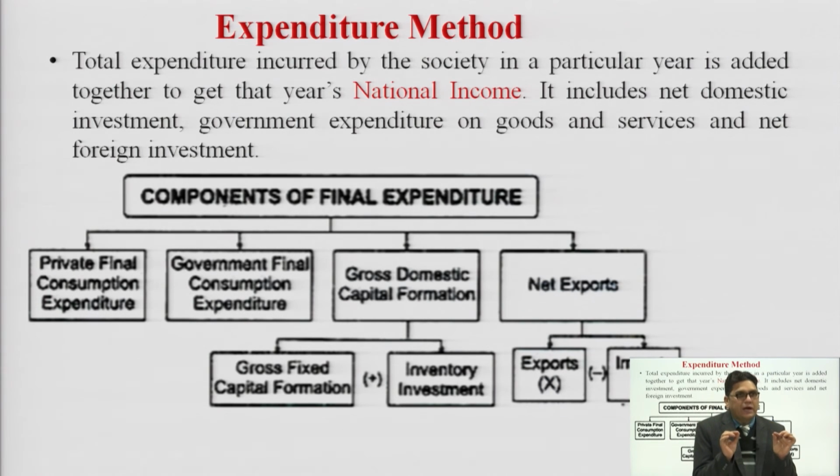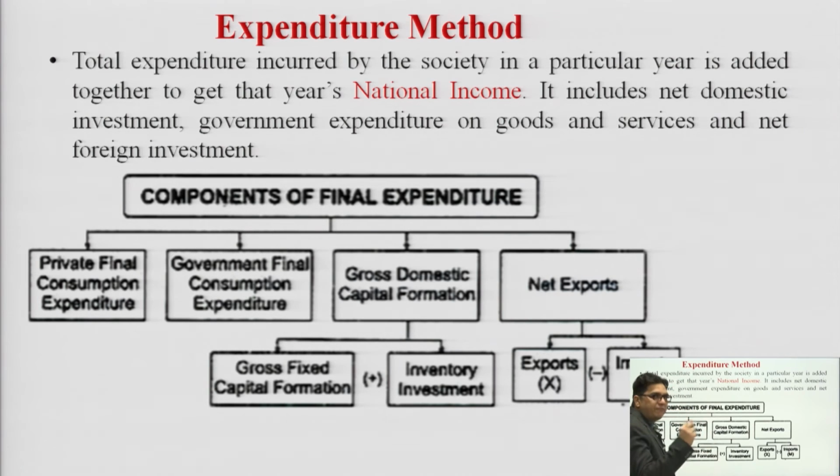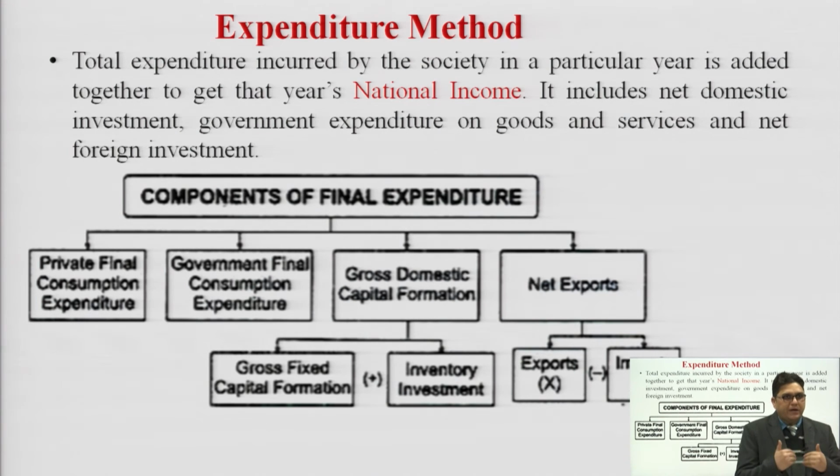Let me recap: the expenditure method uses this formula, which has the 4 components: private final consumption that we as individuals do; the government expenditure that the government spends on various items; the gross domestic capital formation, which is made on gross fixed capital formation and on fixed assets; next, inventory investment; and the net export, how much export we have done from India and how much we have imported from the rest of the world. So, it is export minus import.